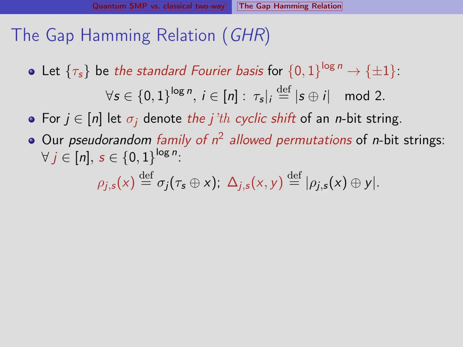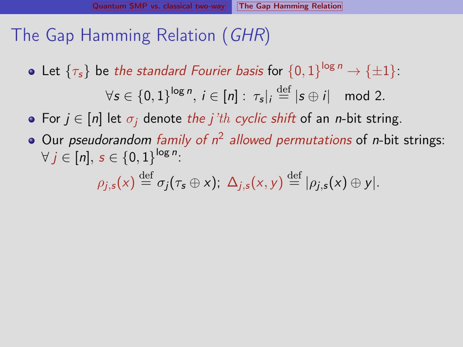These two things together allow us to define our pseudo-random family of n-squared allowed permutations of n-bit strings as follows. For every j and s, let rho sub js of x be the n-bit string tau sub s bitwise XORed with x, then shifted by j bits.